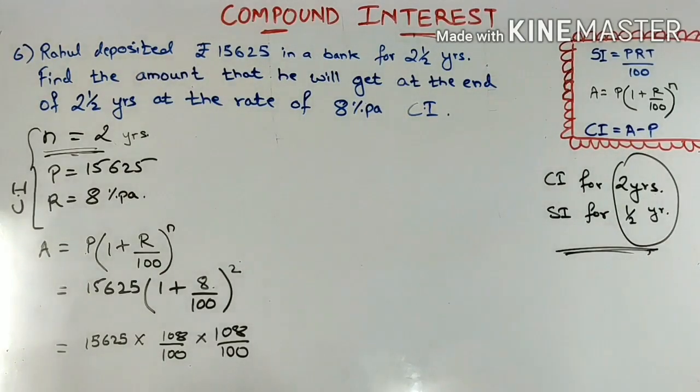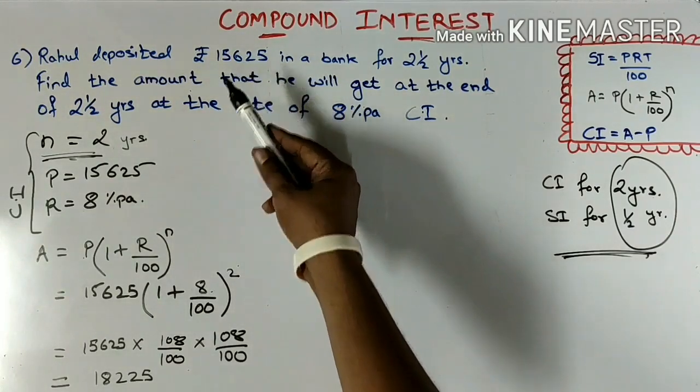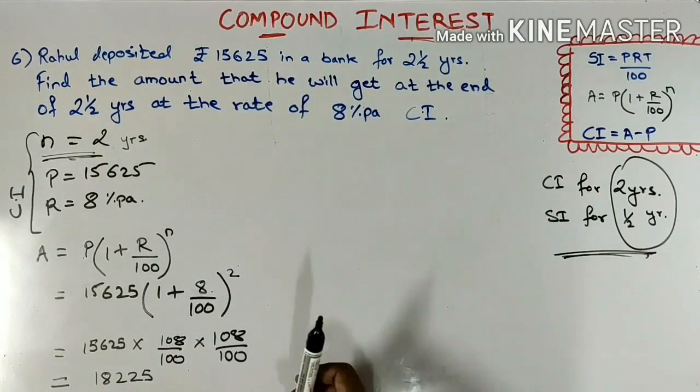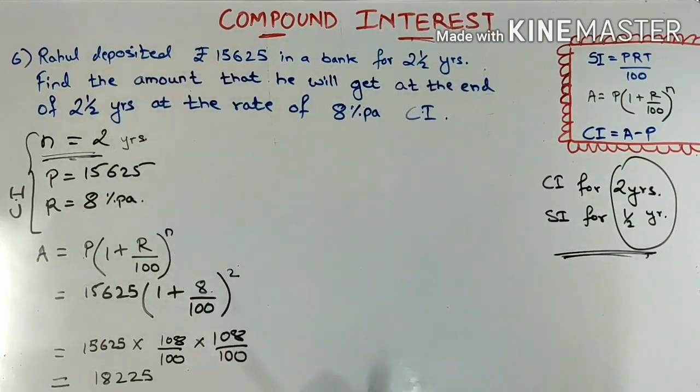And we'll get the final answer as 18,225. Now this is the amount that this principal will fetch or yield after 2 years.